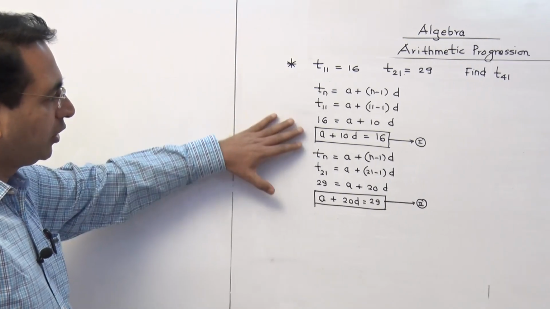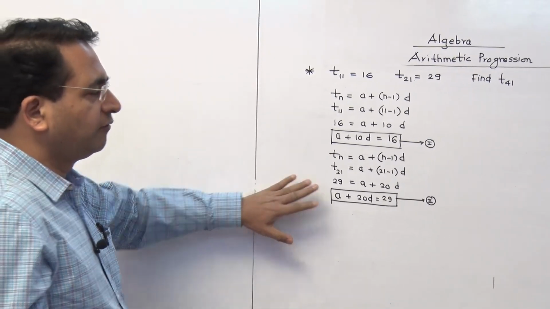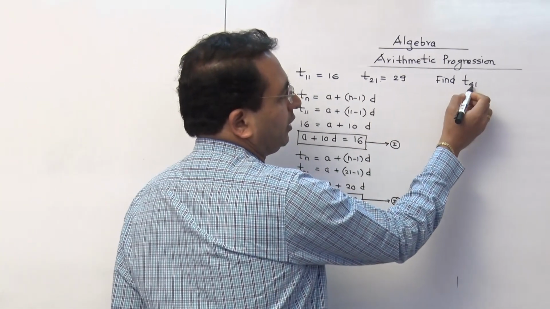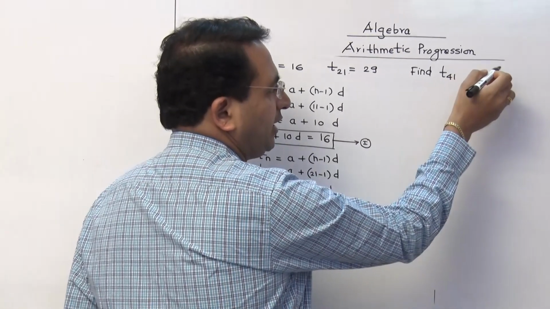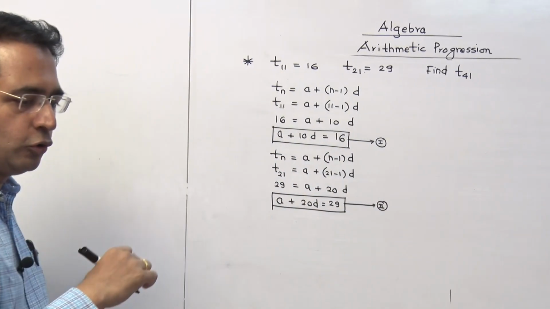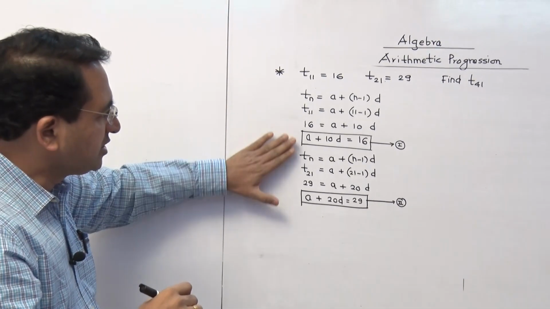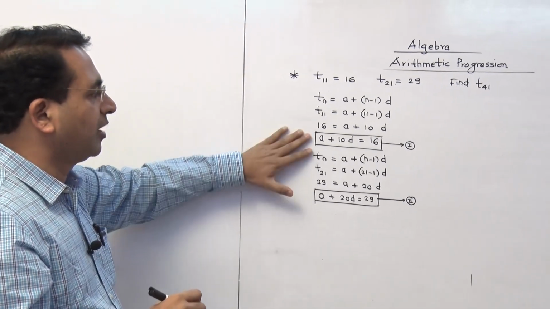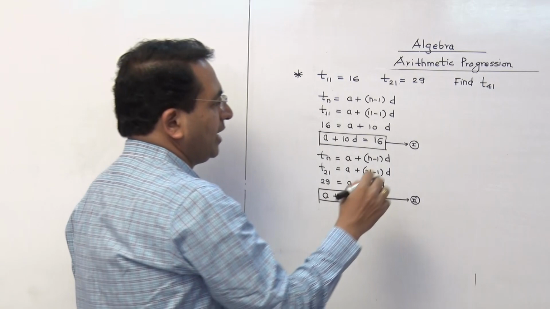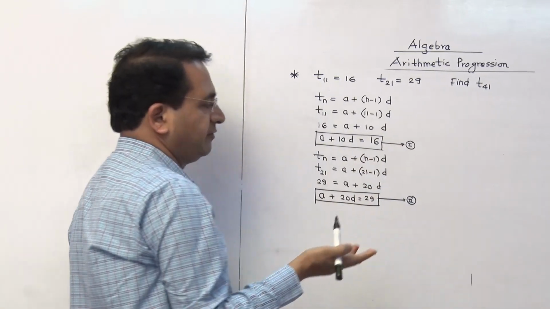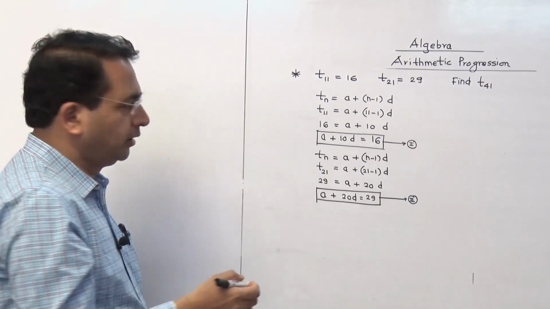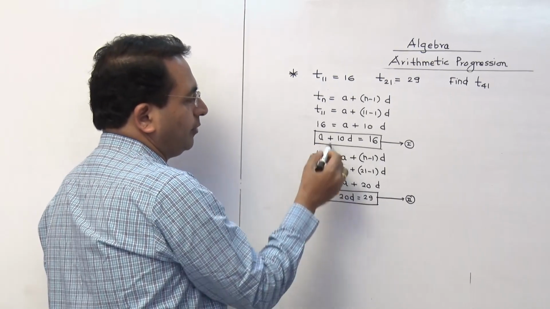Now when you have got these two equations, for finding out T41 we require A and we require D, which we are not knowing from these equations, which we have to solve simultaneously. Now this is what we have discussed in linear equation topic. Equations are to be solved by some method.